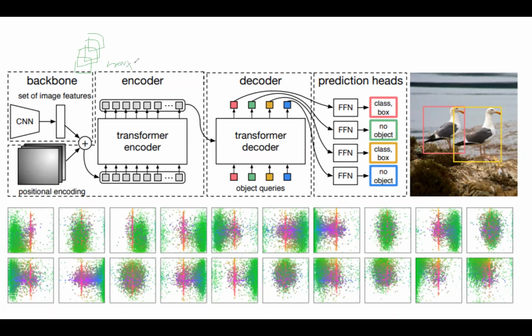So this is what your dimension will be. Apologies for my handwriting. You get this, and then you add the positional encodings to that, and after that you flatten it. So you'd flatten it to this.